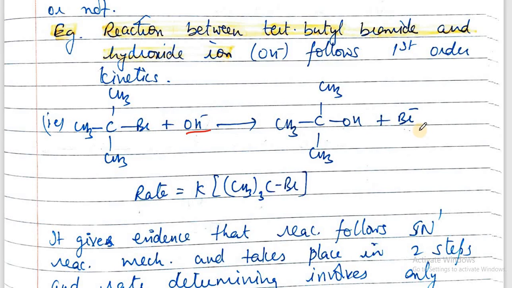So we get this product, and the rate determining step depends upon only one reactant, but here there are two reactants, so it means this reaction is taking place in a number of steps, and the one step in which only one reactant is involved is the rate determining step.